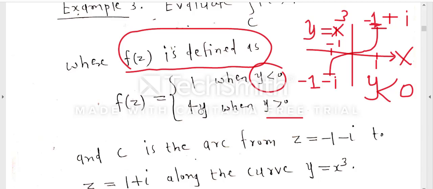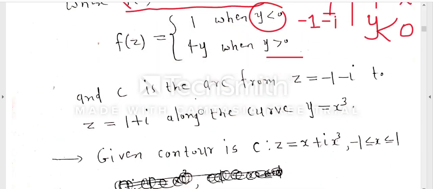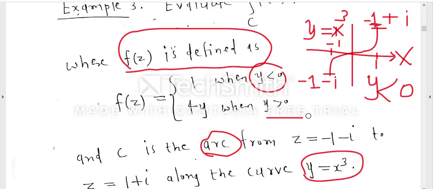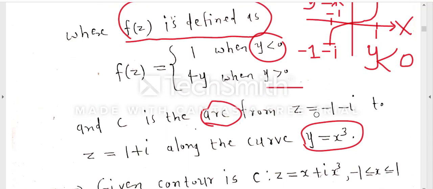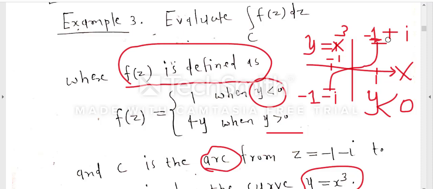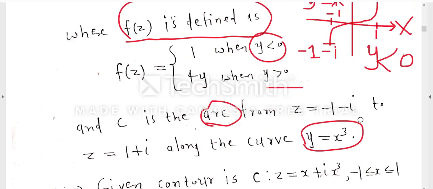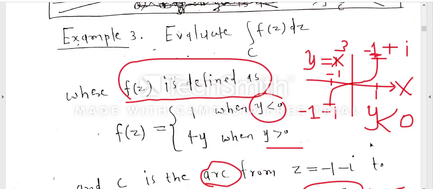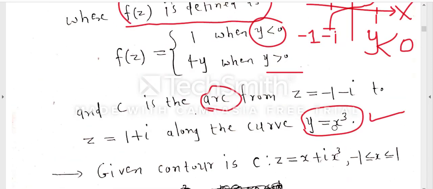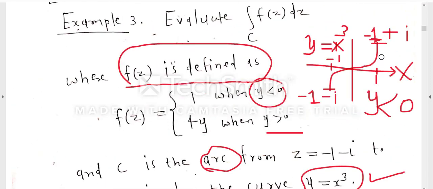is 4y, and our contour is the arc. Arc means a portion of the curve. The contour is the arc along the curve y equal to x cube. It is given that contour C is from the point z equal to -1 minus i to z equal to 1 plus i along y equal to x cube. You are familiar with the graph of y equal to x cube. Here I have just given a rough sketch.